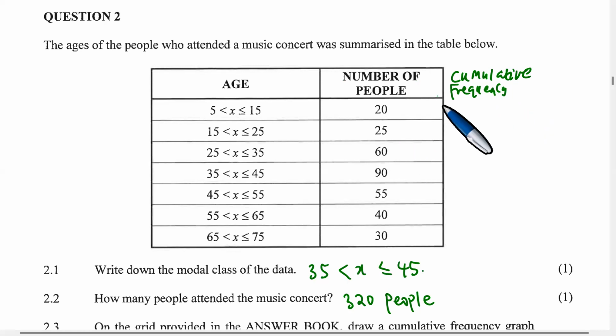So that you have 20, 45, 105. In other words, it's 20 plus 25, then you have 45. Then you add 60, you get 105. Then you add 90, which is 195.